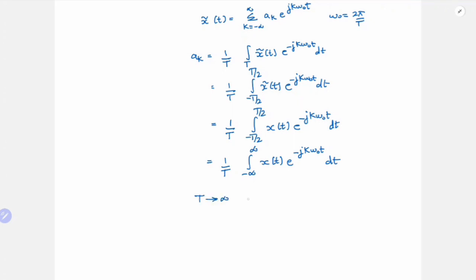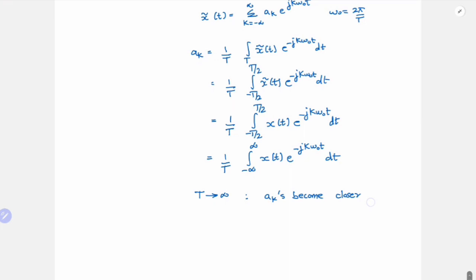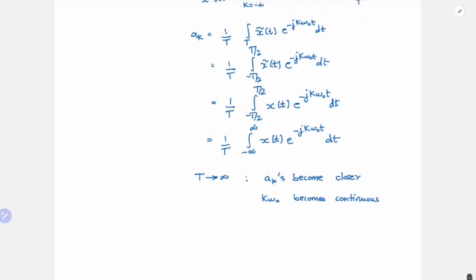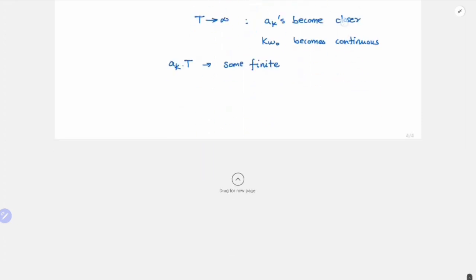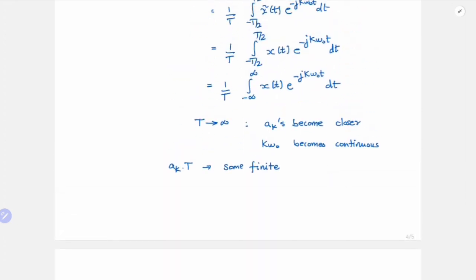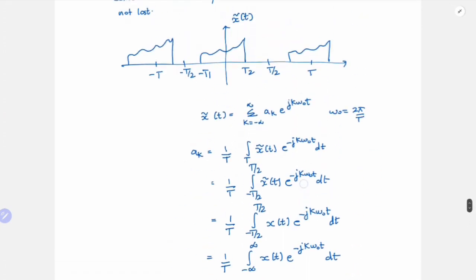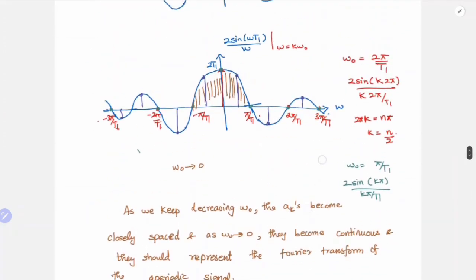When tending T to infinity, what happens? My ak's become closer and closer, right? And my k omega naught becomes continuous. So I can say that ak into T will be some constant, finite value, right? So why should T ak be finite? We already saw in the previous example, right?